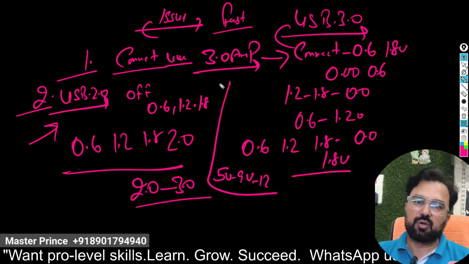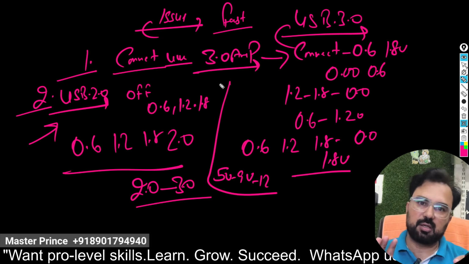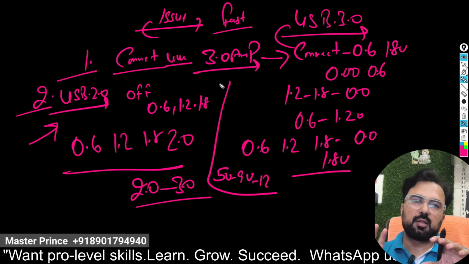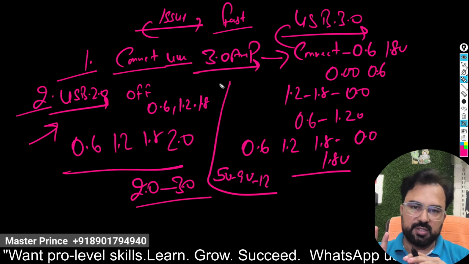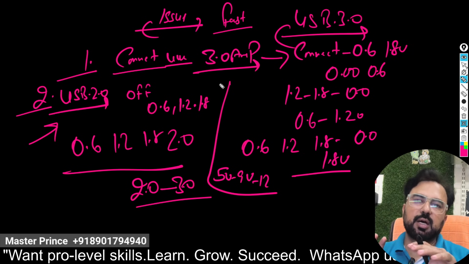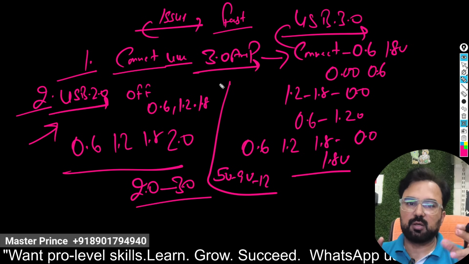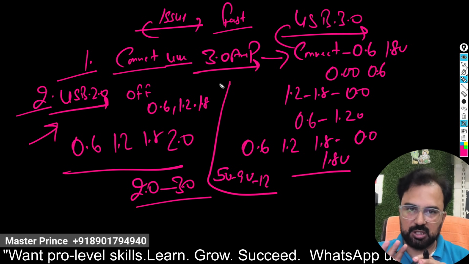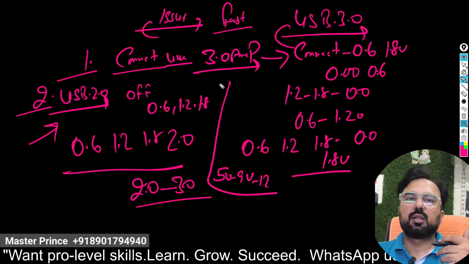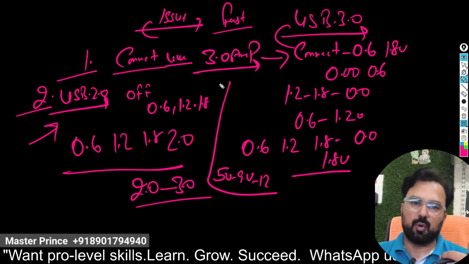Because when you connect a fast charger, the charging starts with 0.6 or 2.0. When it tries to communicate with the charger to enable fast charging, maybe the IC does not support it for some reason.